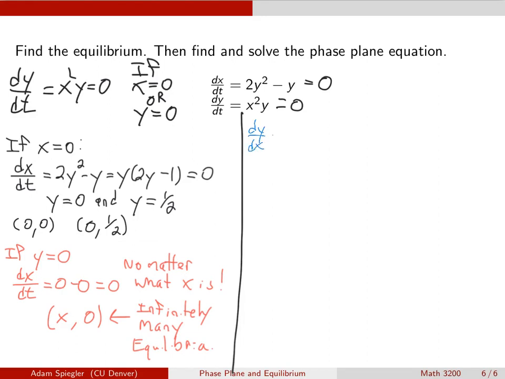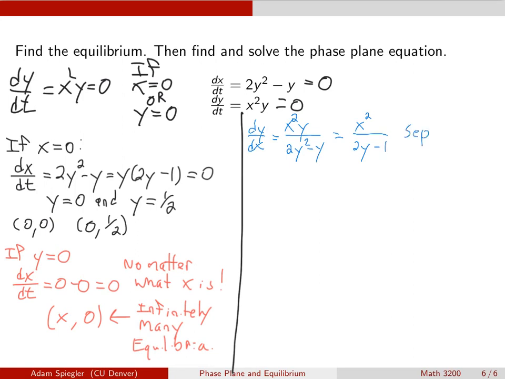So to find dy/dx, we would take dy/dt on top, x squared times y, and then divide that by dx/dt on the bottom, 2y squared minus y. Before we solve this, we can simplify by factoring a y from the numerator and the denominator, canceling them out. So we get x squared over 2y minus 1.